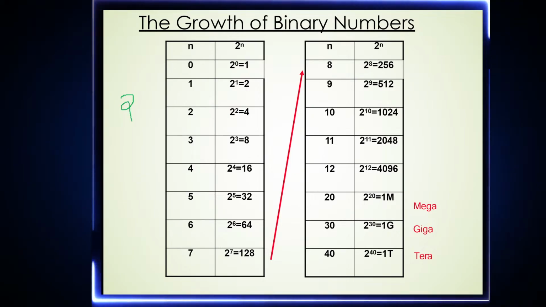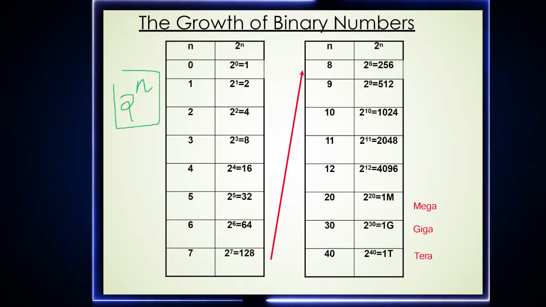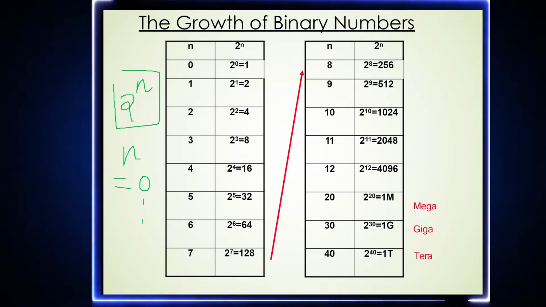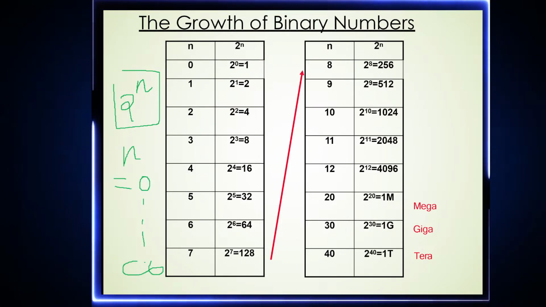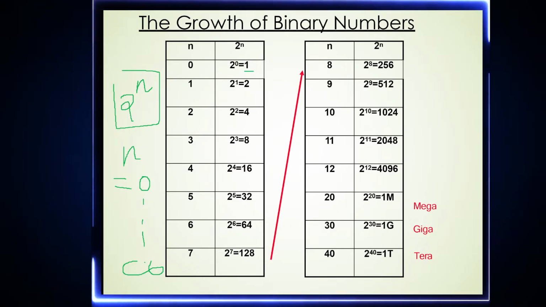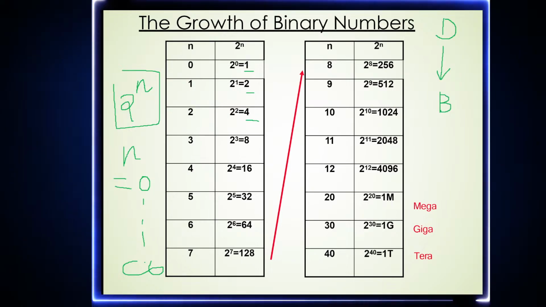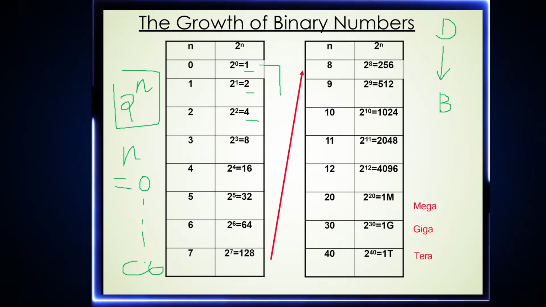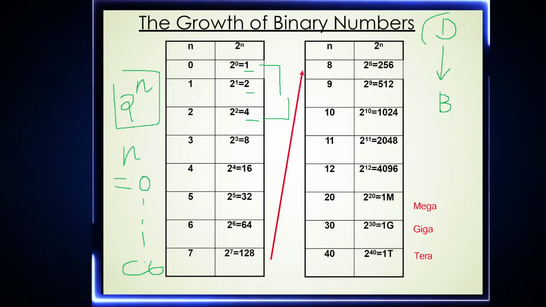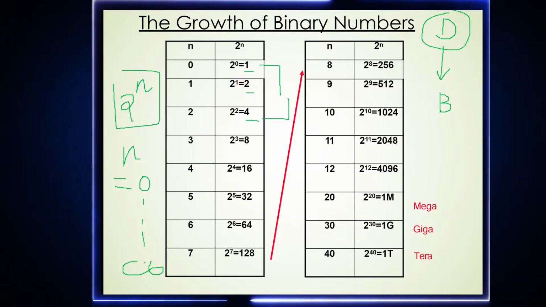So basically 2 raised to n is our formula, and as we go on changing the value of n from 0 to infinity, we get the different values of 2 raised to n, right? And when we need to convert a decimal number into a binary number, we just find the elements that sum up to the given decimal number, right? So this is a simple technique that we can do.